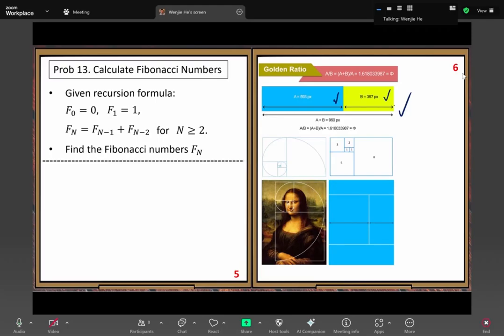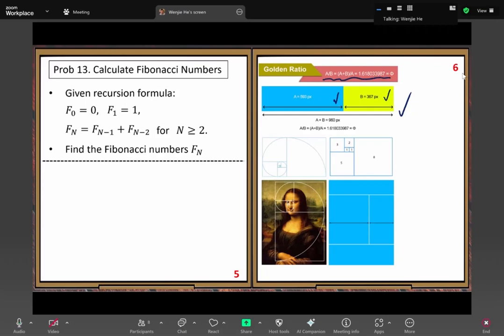These three line segments can be made correlated in a form related to the golden ratio. You can see the formula already here, but later I will explain more details.